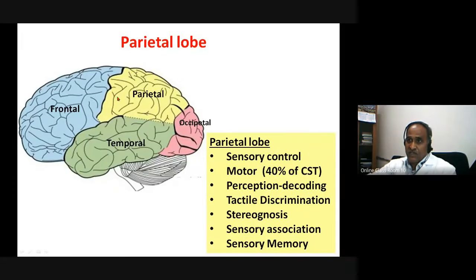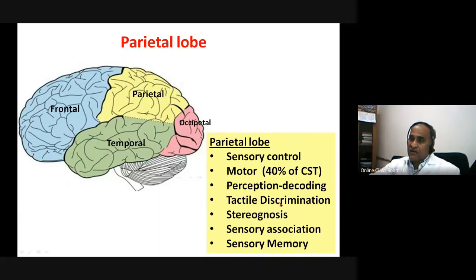So all that is done in the parietal cortex. Of course, it cannot do it alone. That is in association with the occipital, visual, in association with the temporal, auditory, and the limbic, which is the emotional component. That is how the sensory component is processed.